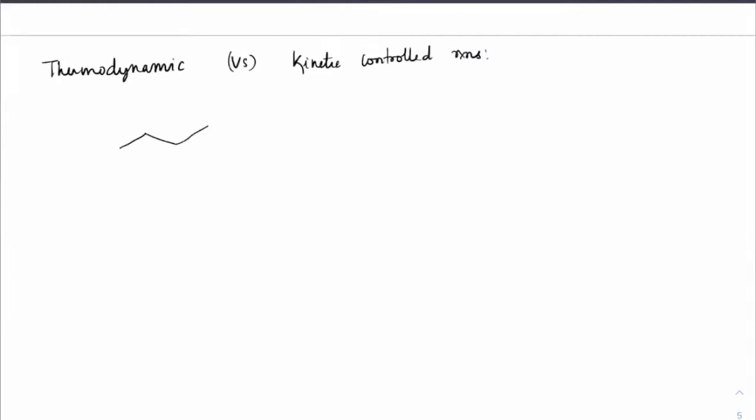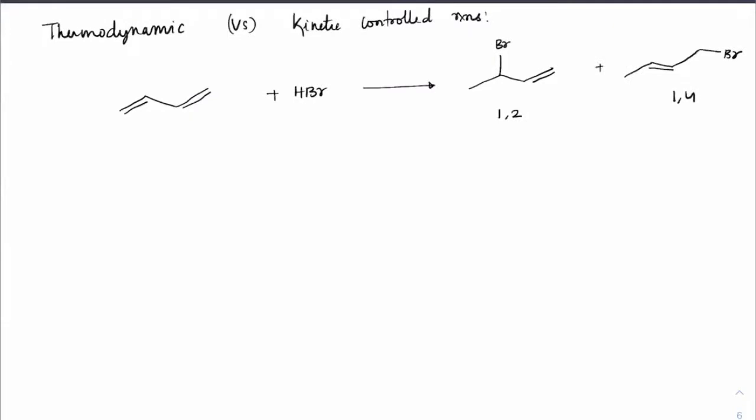Suppose, let us just analyze the data first. If we have butadiene and after treatment with HBr, what it has been found that we can get two products. One bromine getting added here, second bromine getting added here. This you can see is 1,2 product, this is 1,4 product. At various temperatures, if the temperature is around minus 80 degrees, this was found to be 81% and 19%.